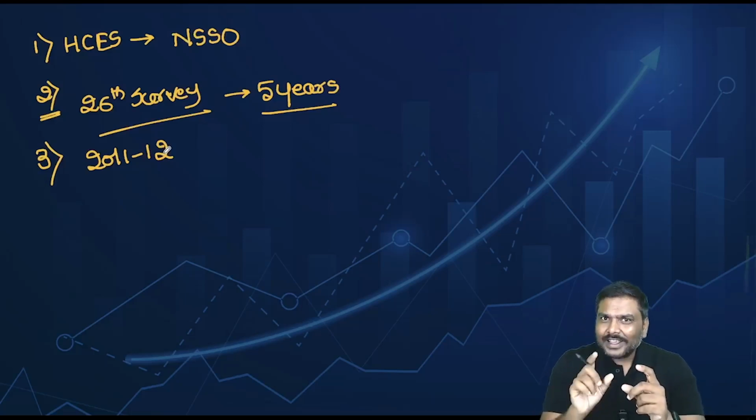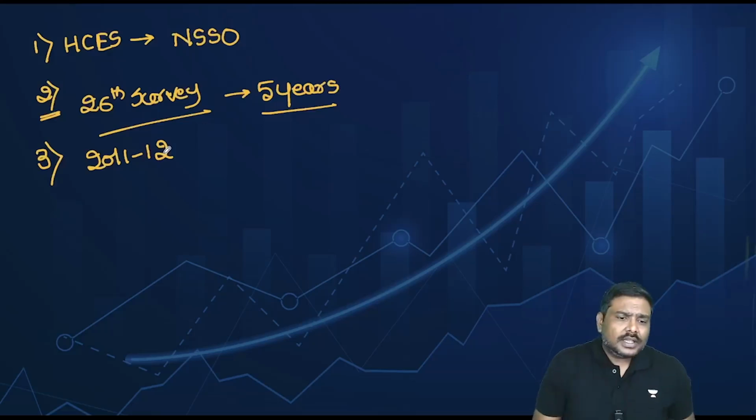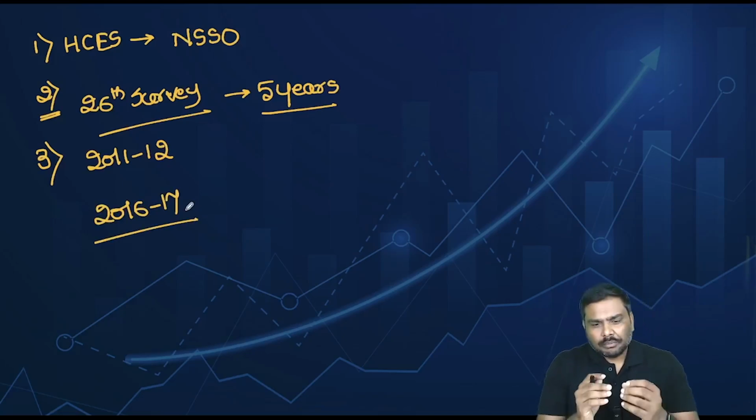It is slightly technical, please understand this. After 2011 and 2012, the survey was conducted for the year 16 and 17. The survey was conducted, but the findings of it were not made public.